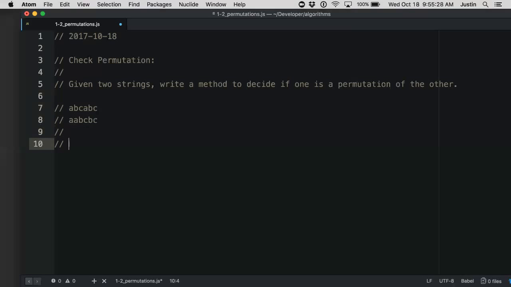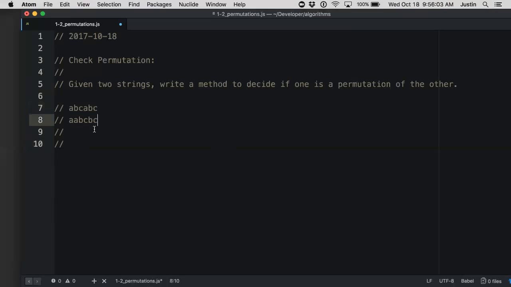So who wants to come up here and take a whack at reasoning it out? Go ahead. I may make some notes or comments as we go. So it looks like we have two strings here, and we're trying to check if one string is a permutation of the other.